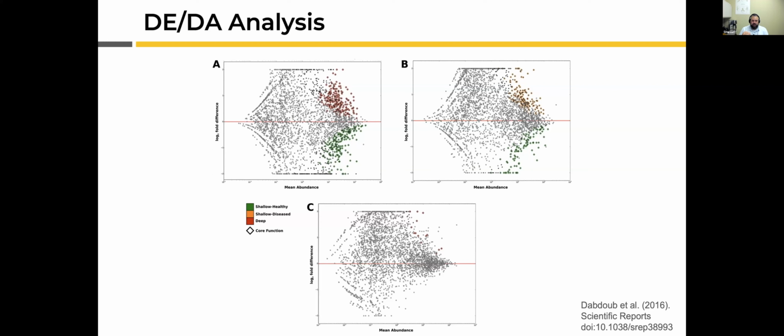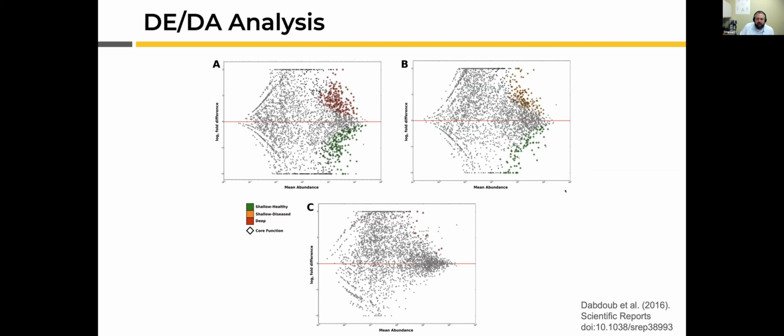There are two primary outcomes from a differential abundance analysis: a log fold change and a p-value indicating whether or not the original null hypothesis was valid. And again, it was whether or not each particular organism or gene had differences in mean abundances between the groups.